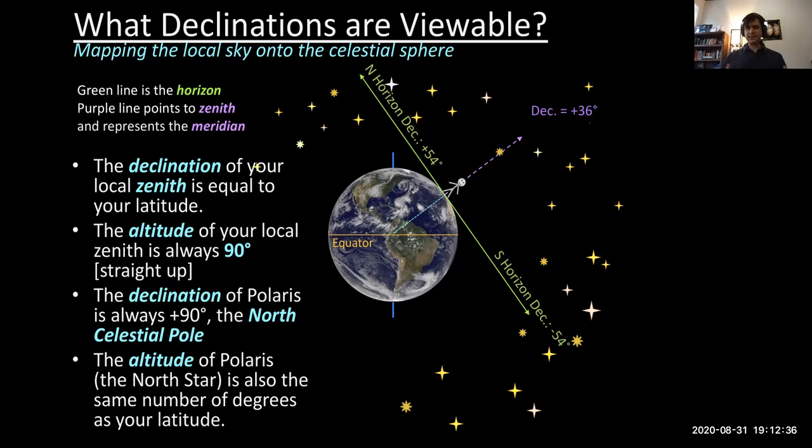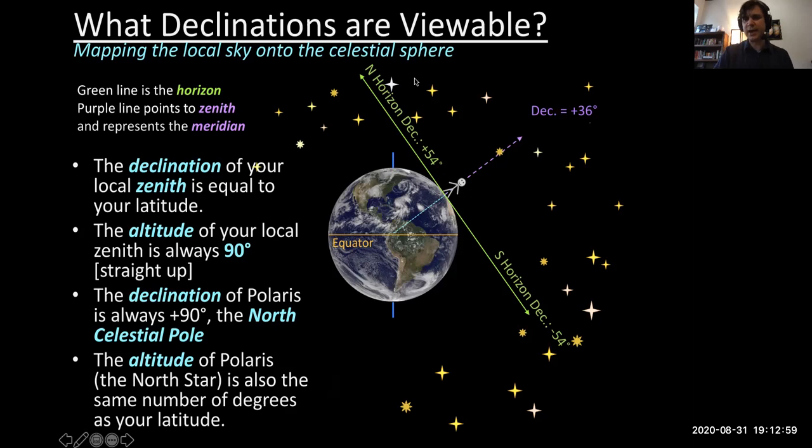Now, this sounds almost a little pedantic. The altitude of your local zenith, straight up is always straight up. The altitude is always 90 degrees. What we want to know is we want to use that information to start figuring out a couple of other things. So the declination of your zenith is equal to your latitude.